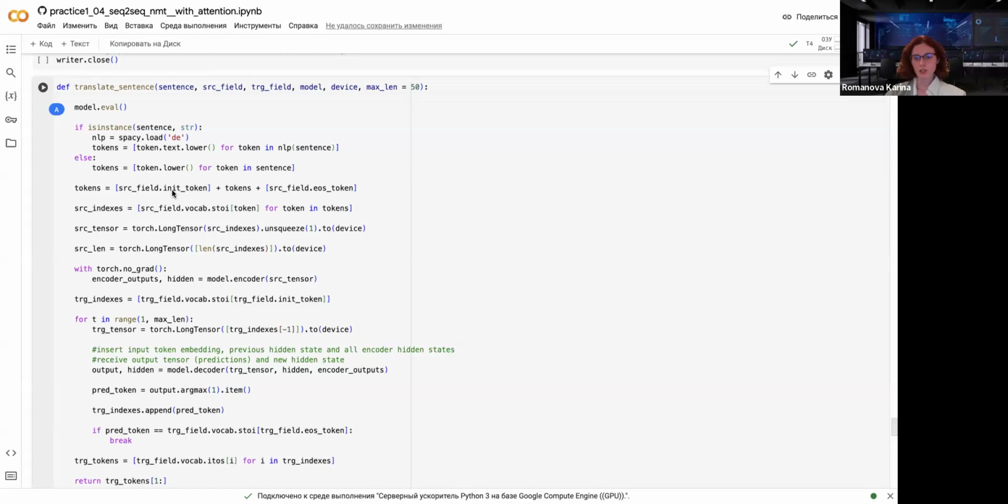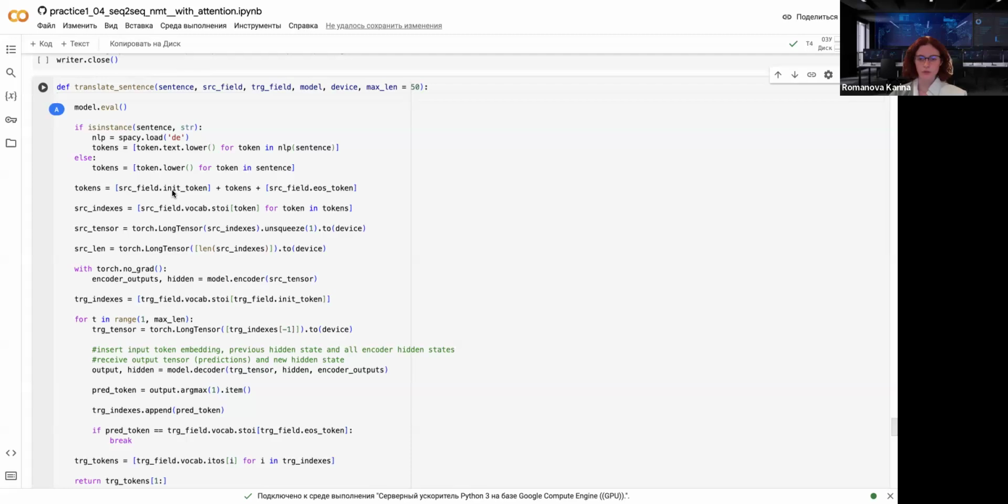We have here tokenization. The input sentence is tokenized and then converted into a list of indexes using the source vocabulary. The tokens are enclosed with special SOS and EOS markers. The sentence is then passed through the encoder to produce encoder outputs and the initial hidden state for the decoder.